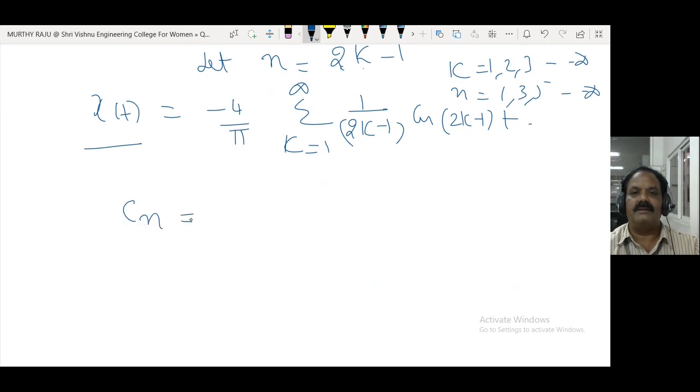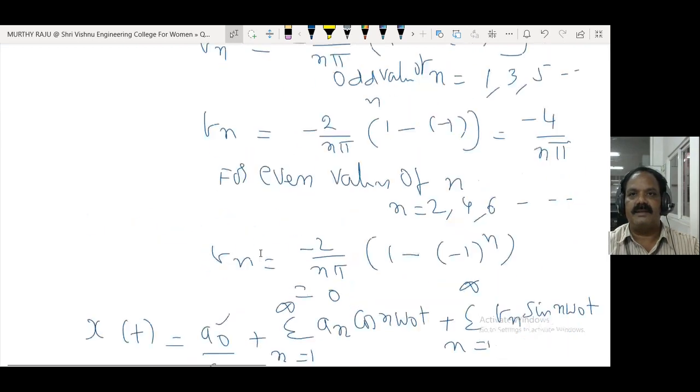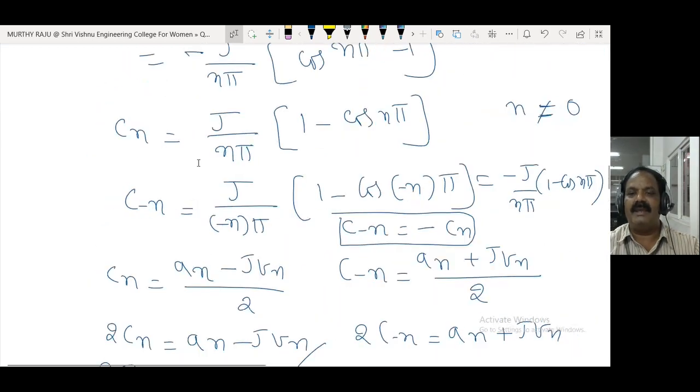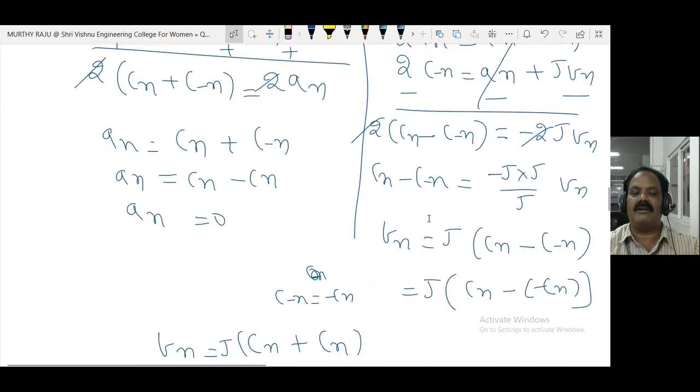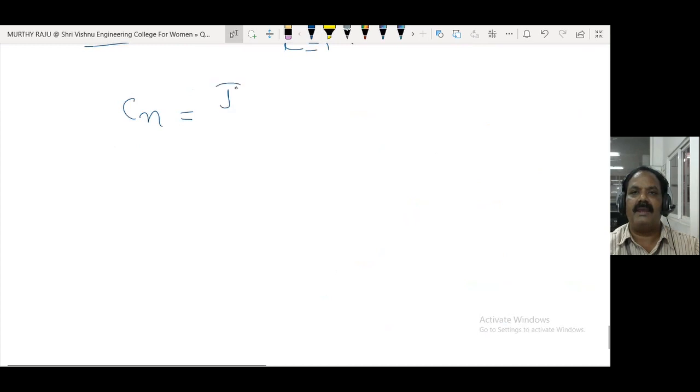We know that Cn is equal to j by n pi into 1 minus cos n pi.